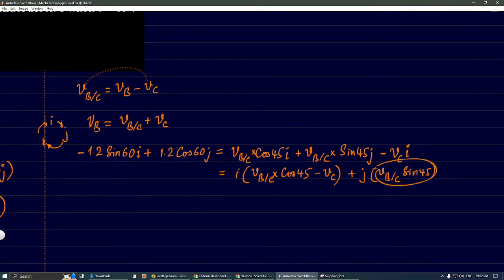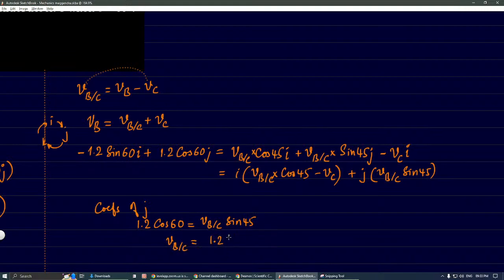First let us take the J terms, the coefficient of J. On the left side we have 1.2 cos 60, and on the right side we get velocity of B with respect to C sin 45. So velocity of B with respect to C will be 1.2 cos 60. Cos 60 is 0.5. So 0.5 divided by sin 45. What do we get?